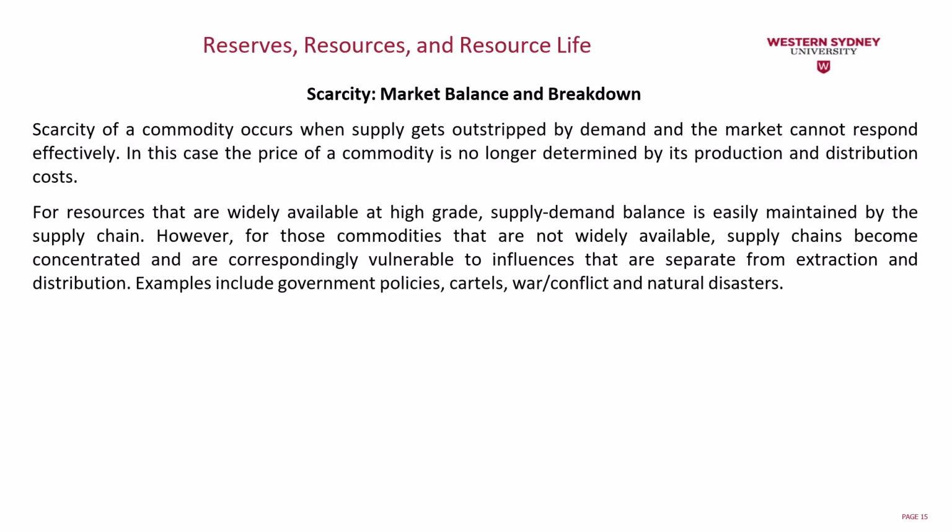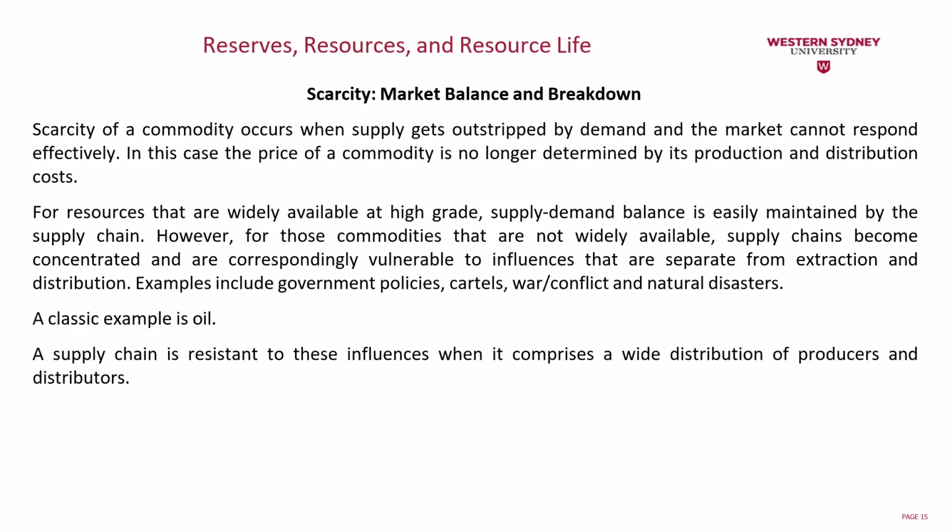Examples include government policies, cartels, wars, conflicts, and natural disasters. An example of that is oil. The supply chain is resistant to these influences when it comprises a wide distribution of production and distribution.